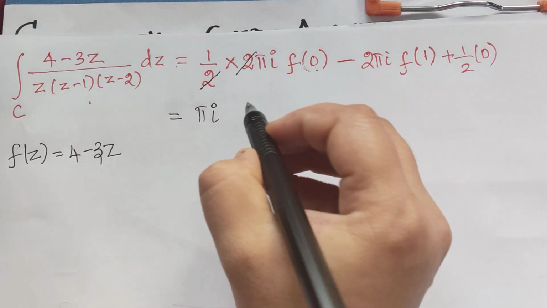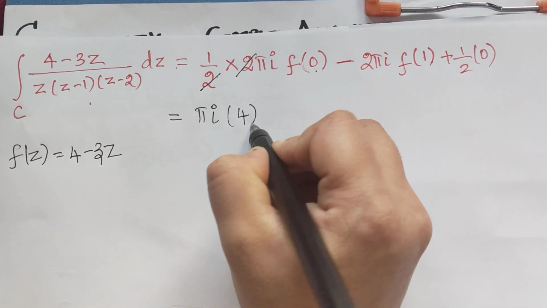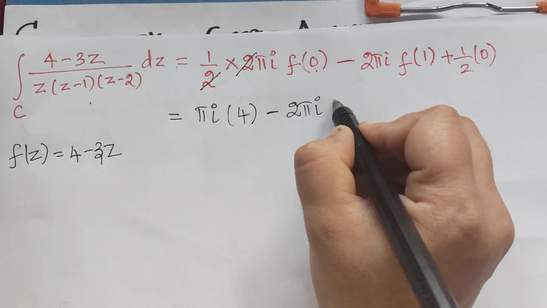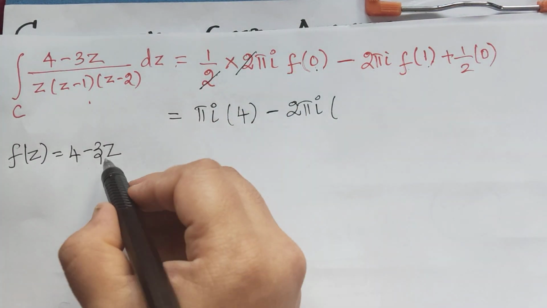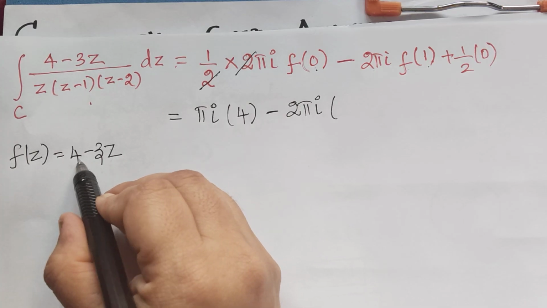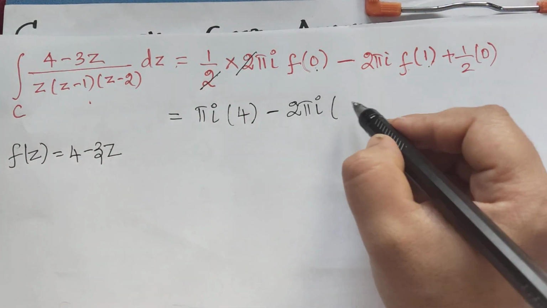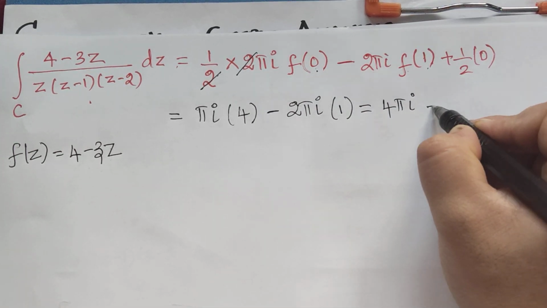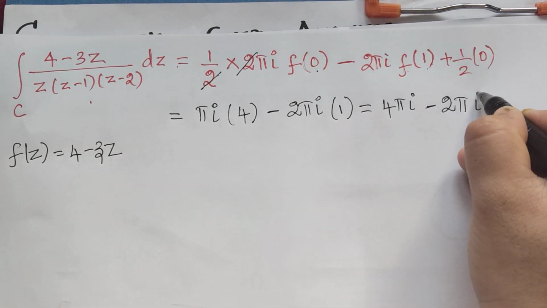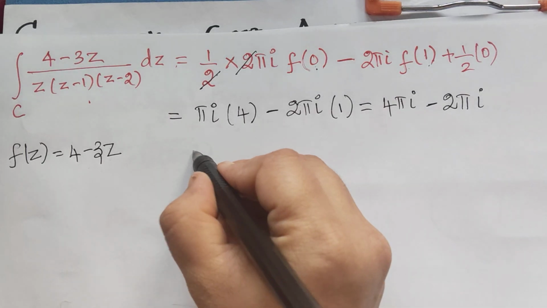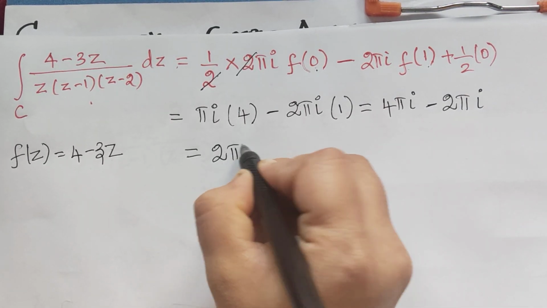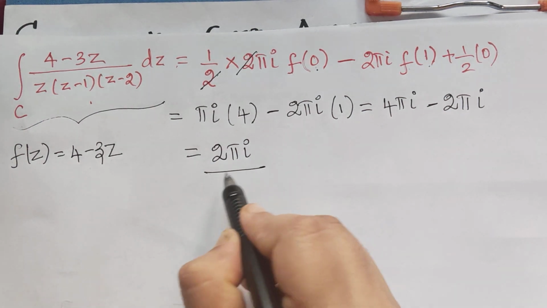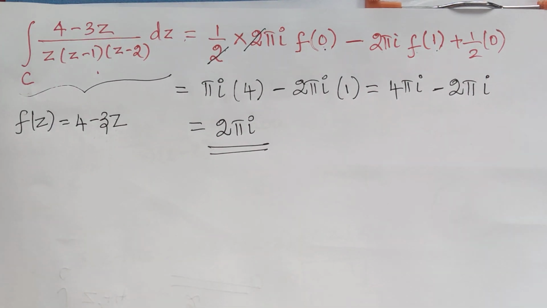So this becomes 4, and then minus 2 pi i multiplied by f of 1. If you put z as 1, we have 4 minus 3, which is 1. So this is equal to 4 pi i minus 2 pi i. What is 4 pi i minus 2 pi i? It is 2 pi i. Therefore, we have evaluated the given integral to be equal to 2 pi i.